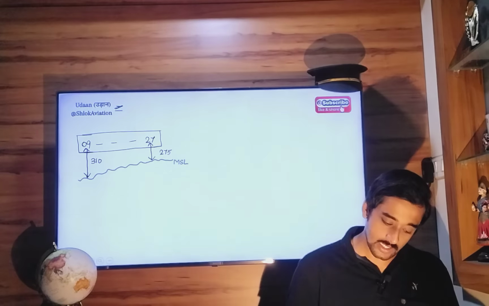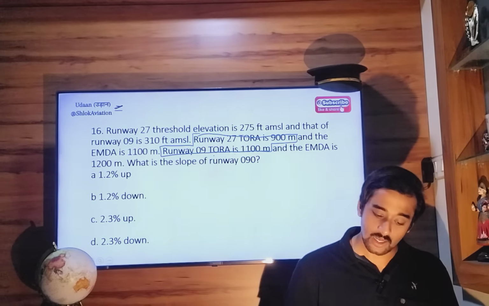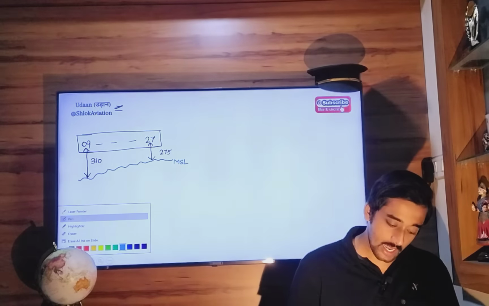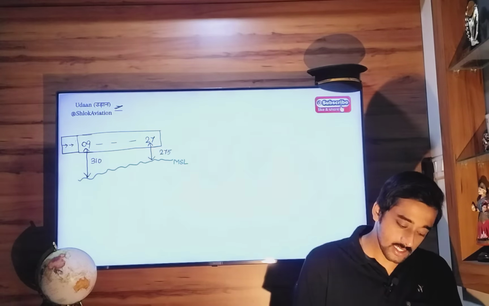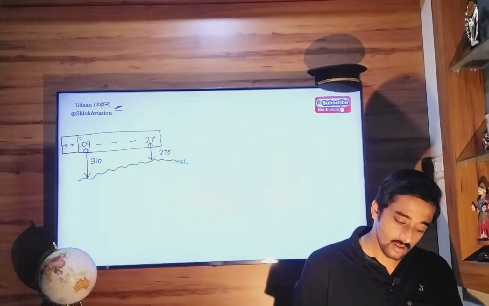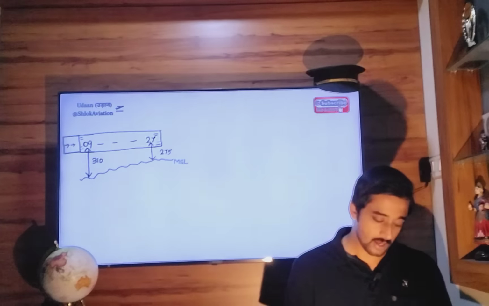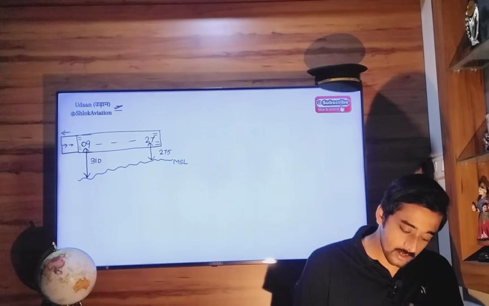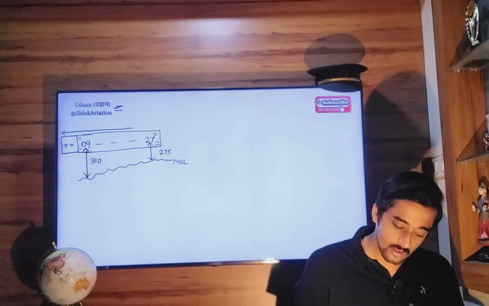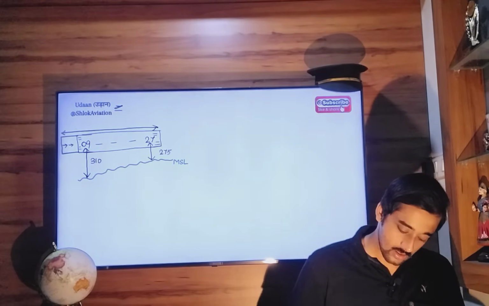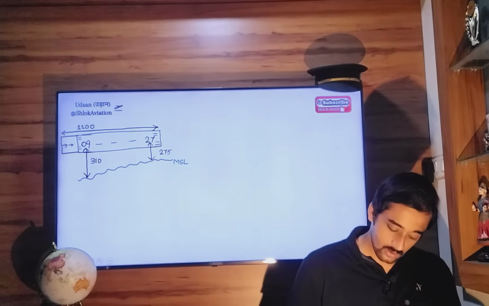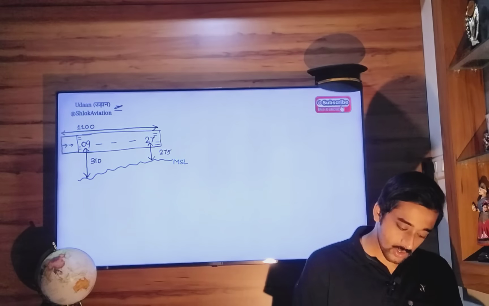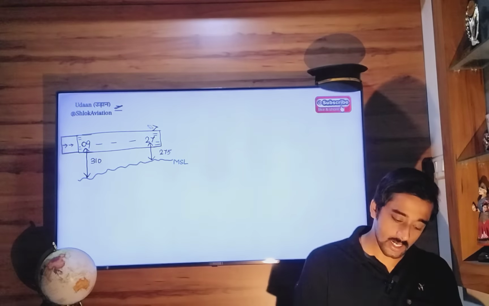For runway 27 it is 900 meter, and for 09 it is 1100 meter. That means we have a displaced threshold near runway 09. Okay. So takeoff run available with respect to runway 09 is 1100, and so what I'll do is I'll draw another diagram.